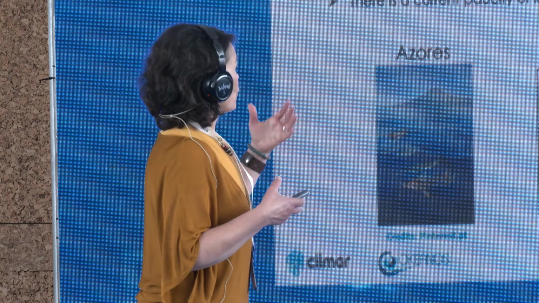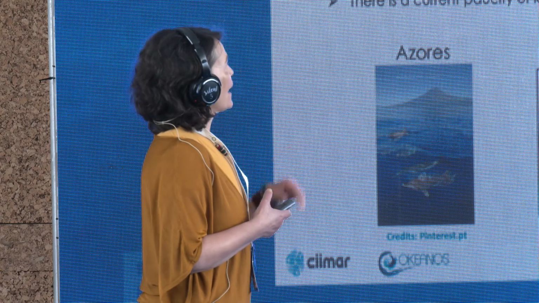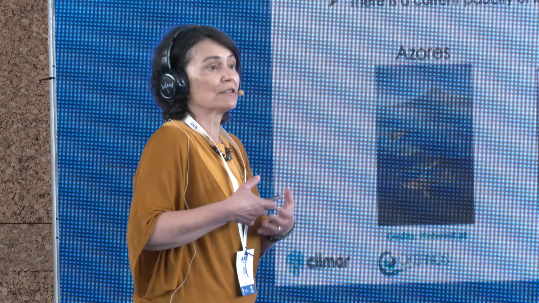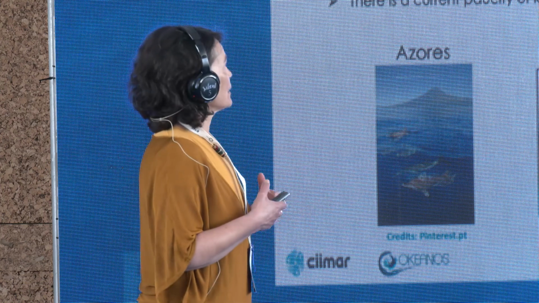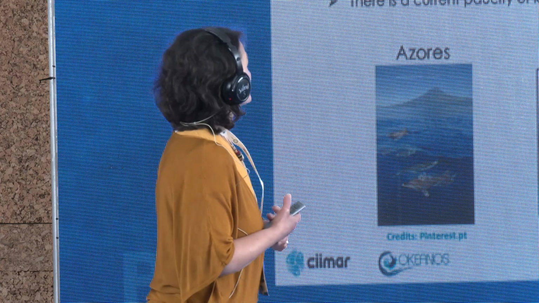What are hazardous and noxious substances, or HNS, in an easier way? They are any substance other than oil that, if introduced in the marine environment, is possible to cause harm not only to human populations but also to marine life in general.